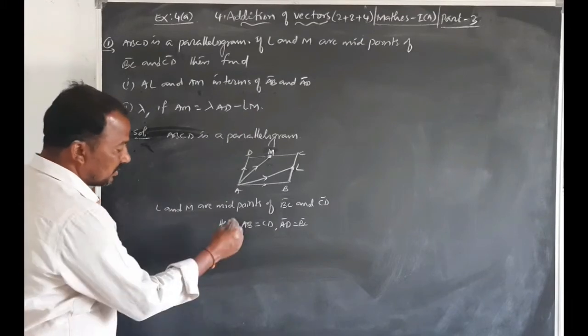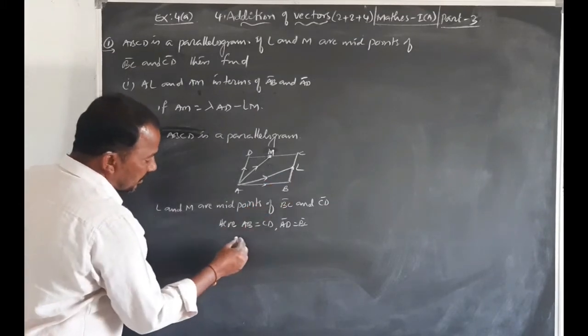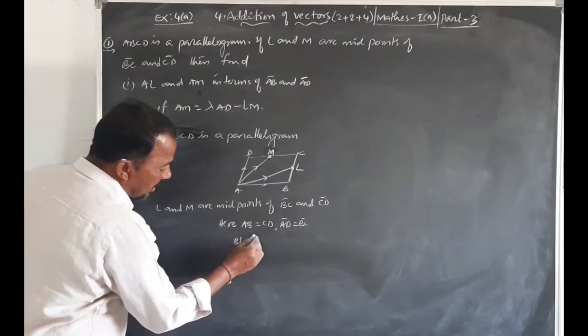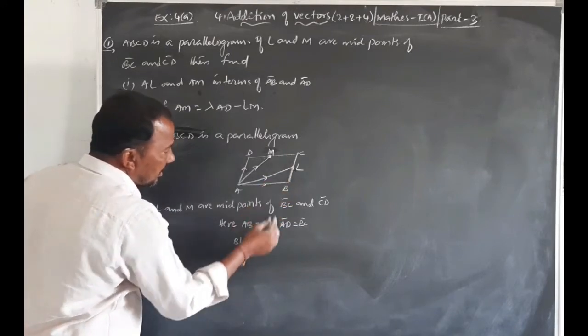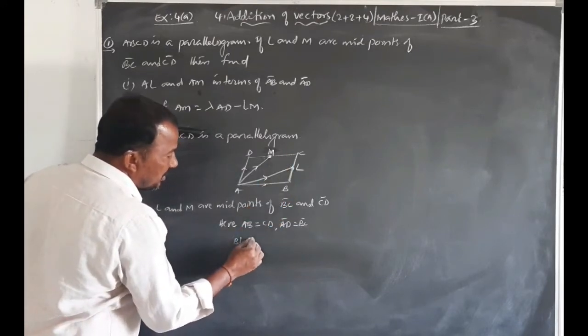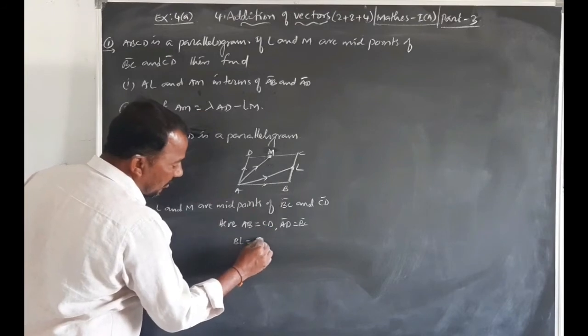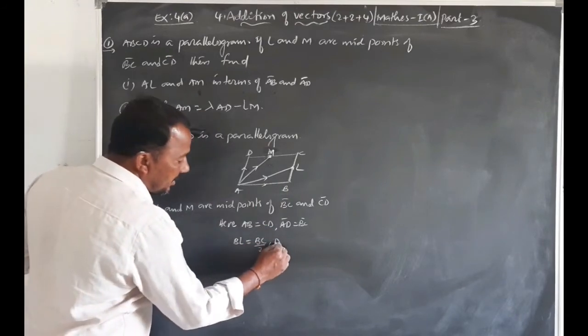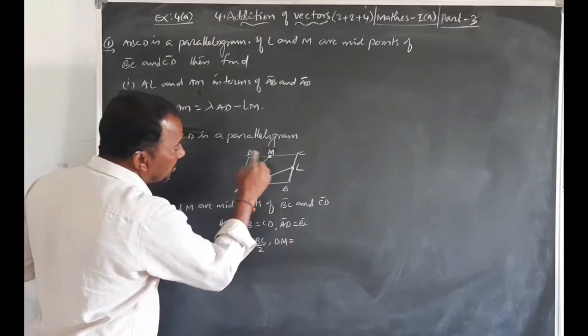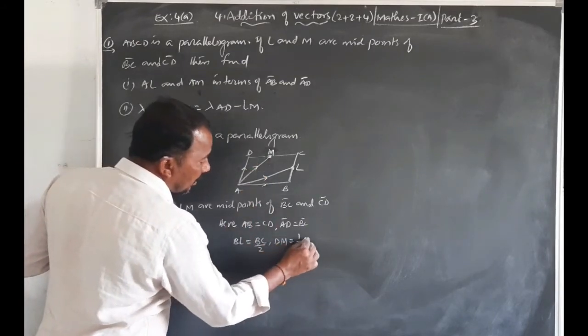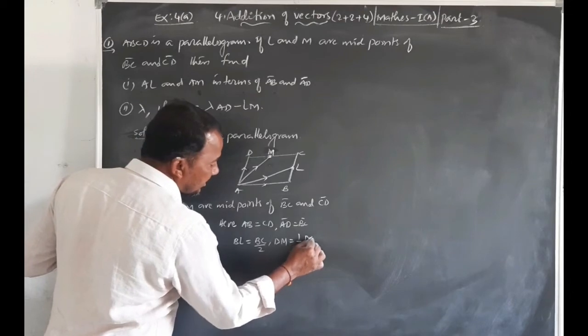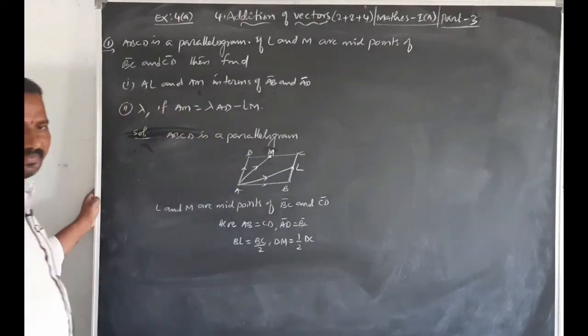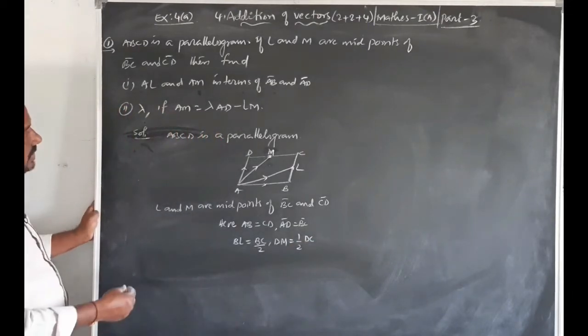And midpoints, so BL equals LC. That means BL equals half of BC, or DM equals half of CD or DC.